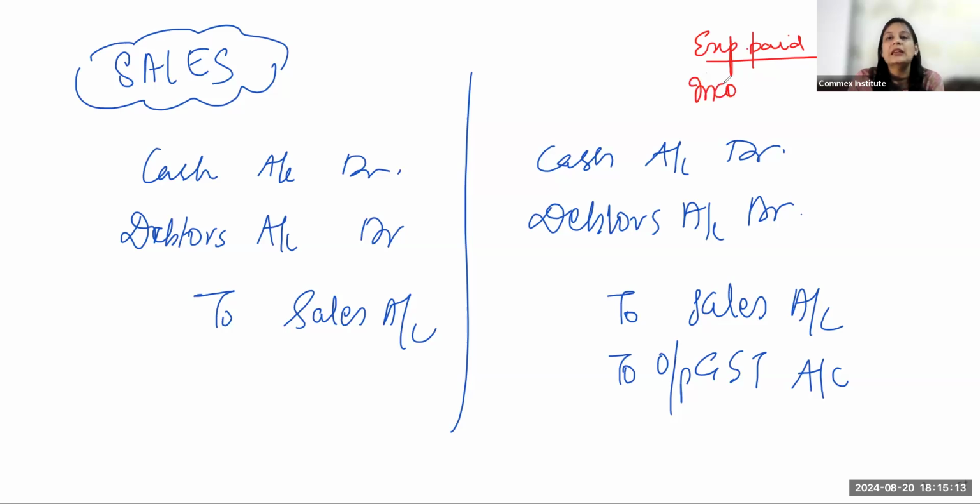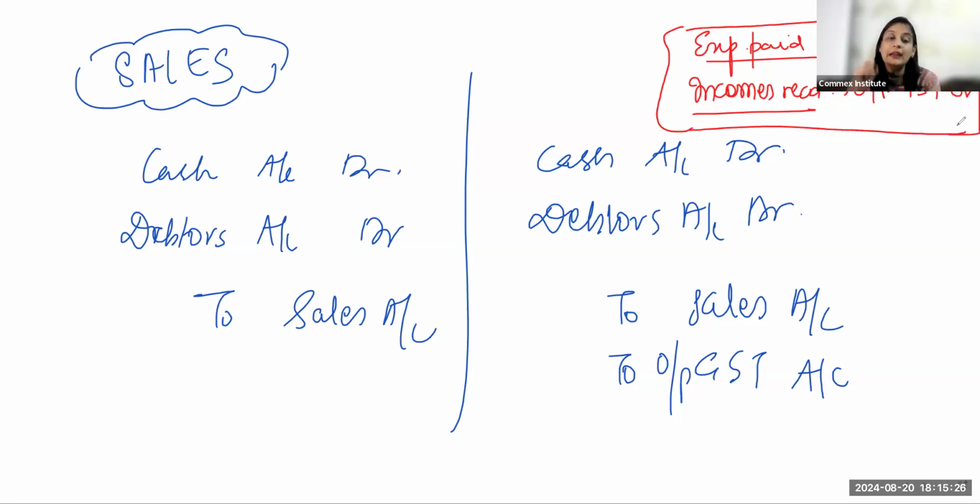Any incomes received, output GST credited. Please write these two lines. This will help you pass all the journal entries. Like rent received, sales done, amount received, or commission received, for all these, output GST would be credited.